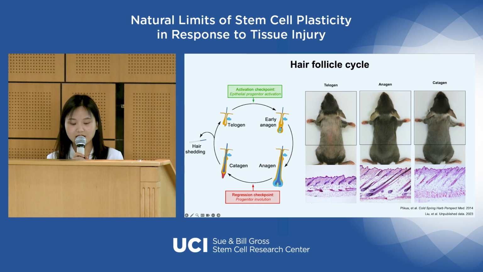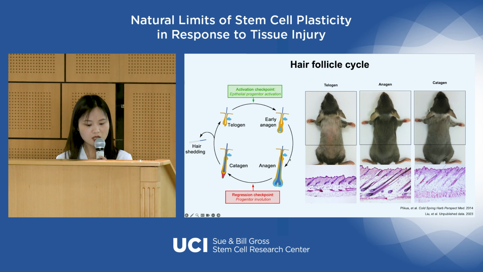So throughout life, the hair follicle can enter cyclic stages of active growth, degeneration, and also rest. People call these stages anagen, catagen, and telogen.